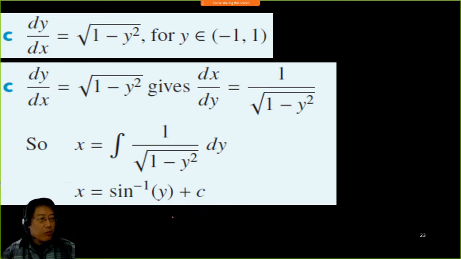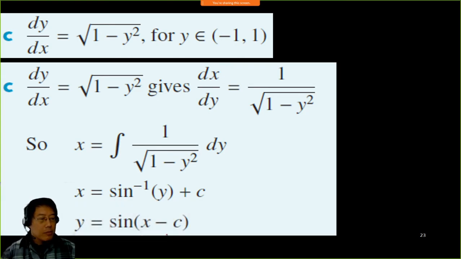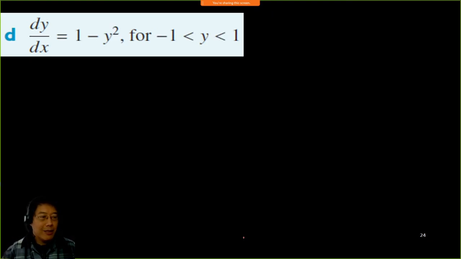So here we have that. We make y the subject. There's no restriction on the domain. So it's a sine of x with a translation to either the left or the right, depending on the sign of c. So it's in the direction of the x-axis.